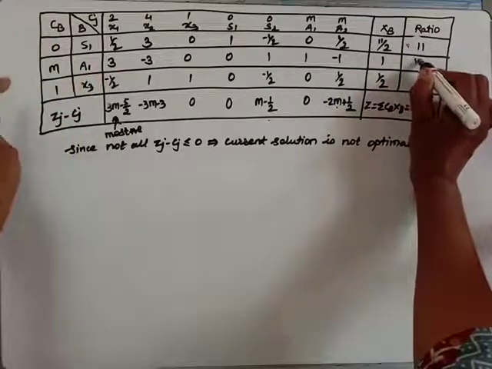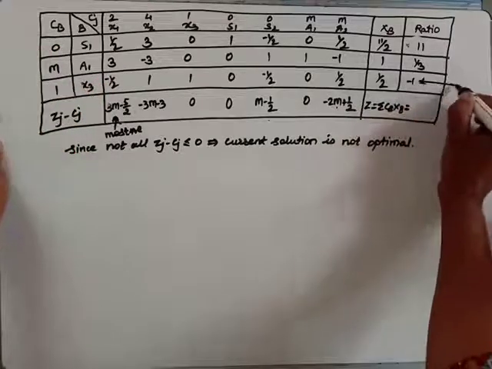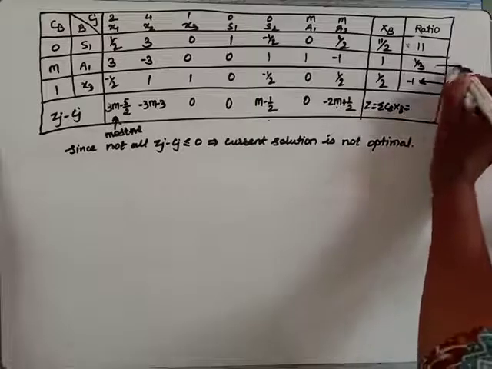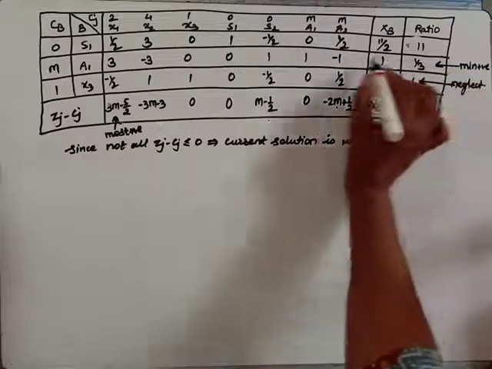Now here I get 1/3. Here I get minus 1, which is neglected. We have to neglect it. So this is minimum positive. So minimum positive is here.